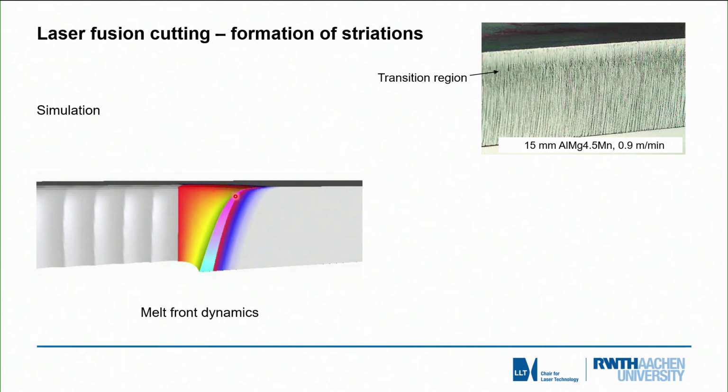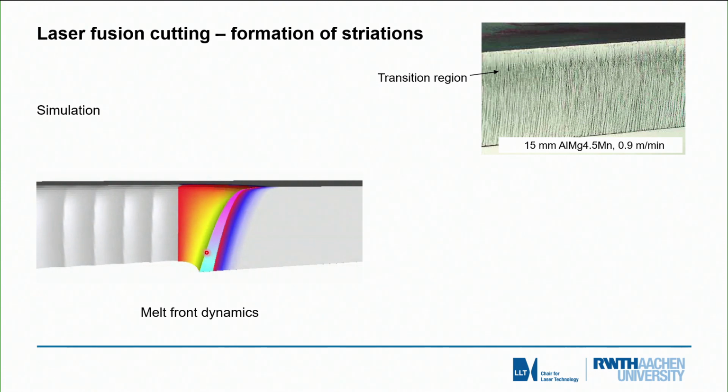However, if you allow a little more time, then the melt film thickness will increase such that the surface tension will get very small compared to the forces which we can apply by the gas jet, and then the melt will be sent down this cutting curve. It will slide down the cutting curve and the melt will be expelled.